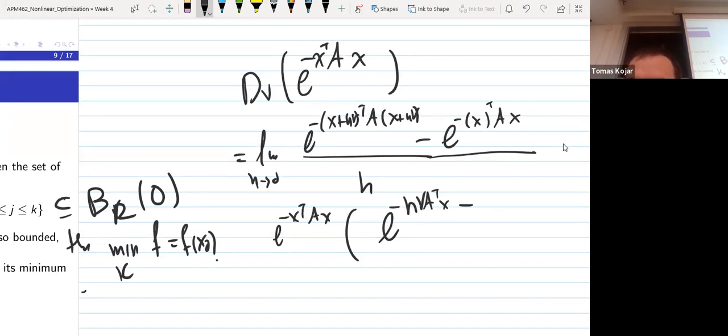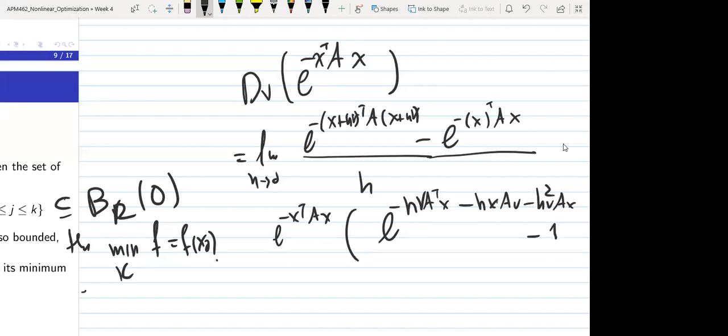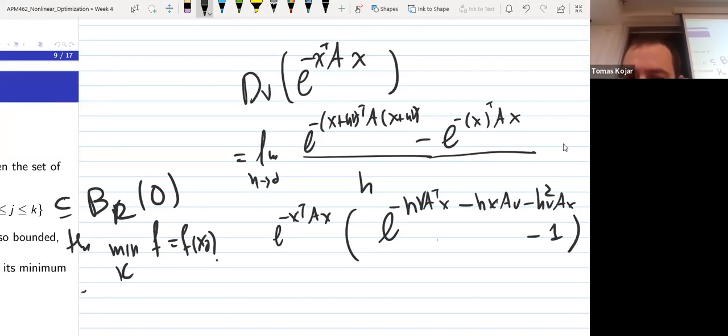I don't remember all the terms. It was like h times x transpose A v, or v A x. Then from here we can do the same thing.